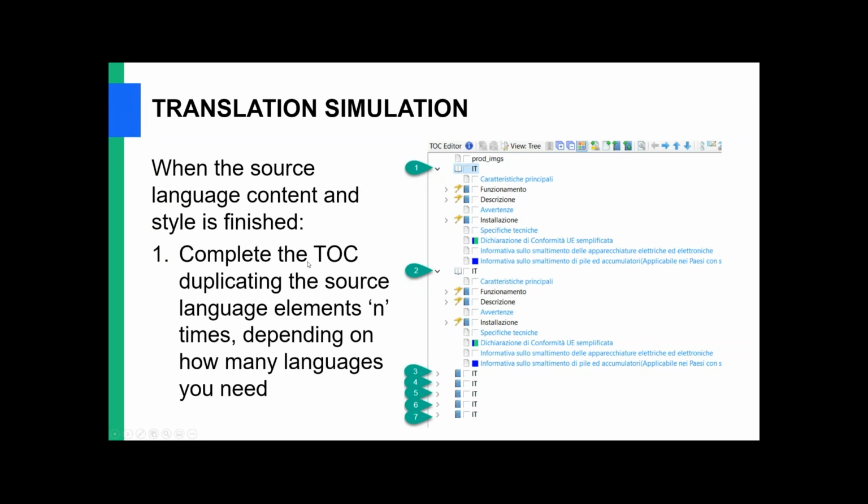I simply copied and pasted the source language book 6 times in the TOC, as you can see here, just to simulate the real content volume. 7 times, sorry. Just remember to consider that some languages need more space.